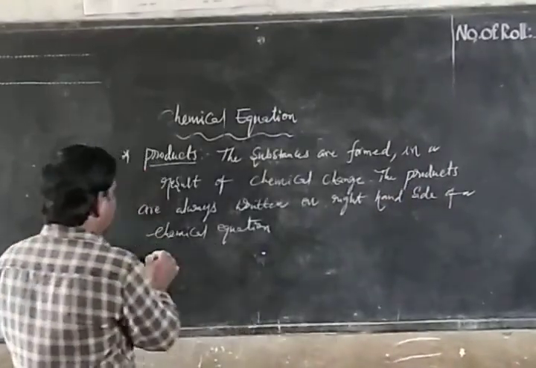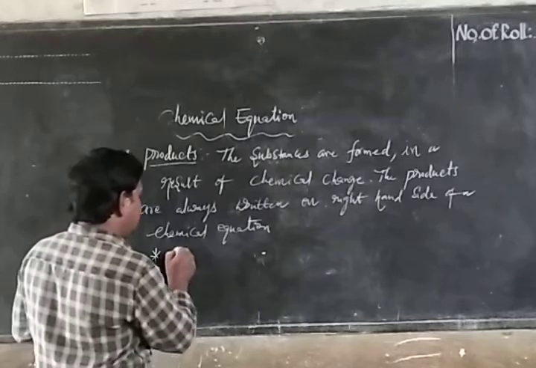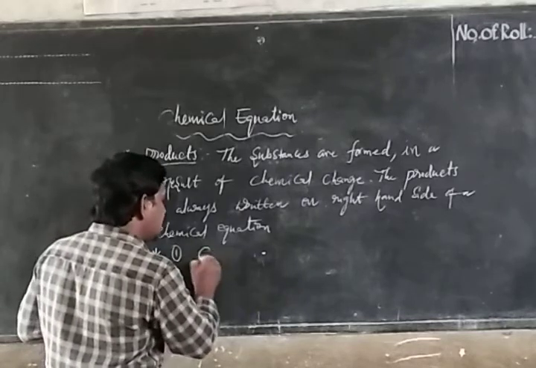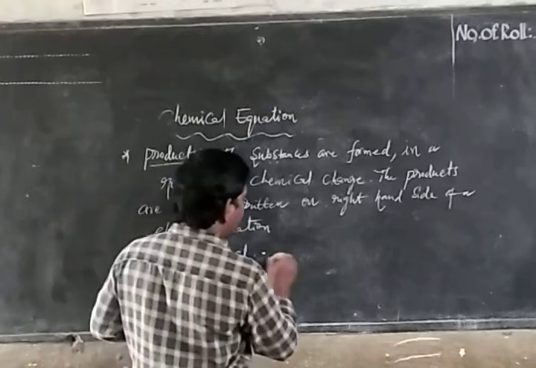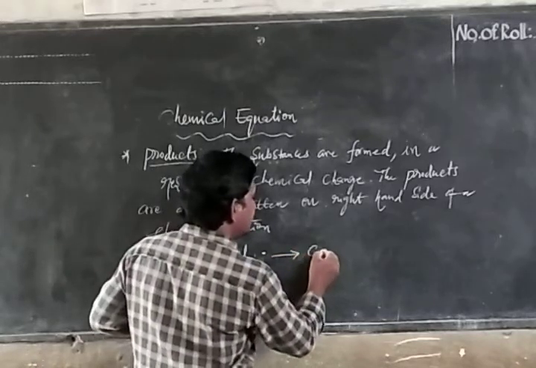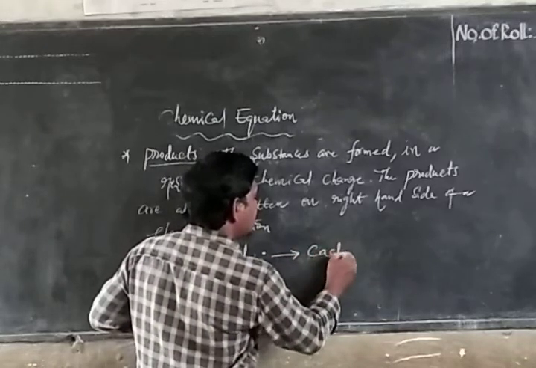For example, Ca plus Cl2 gives rise to CaCl2.